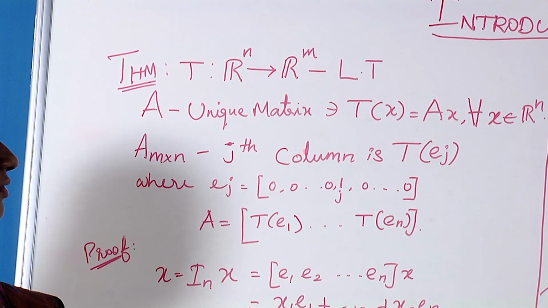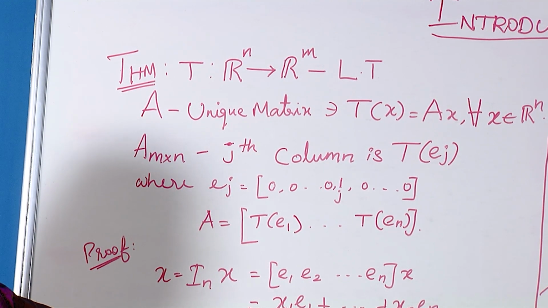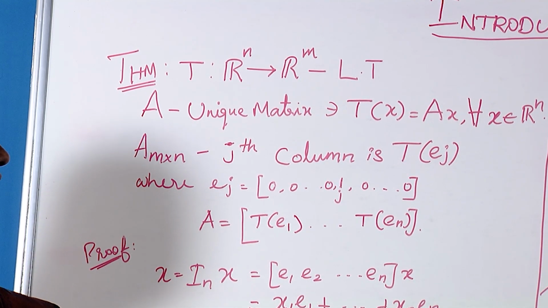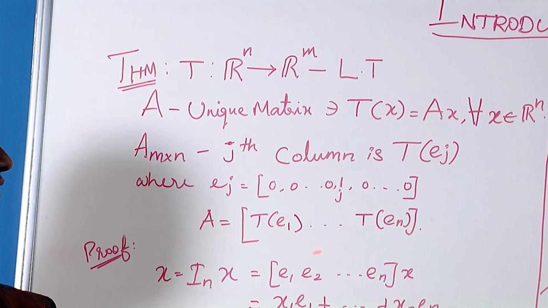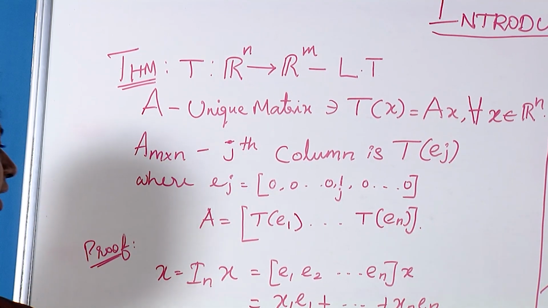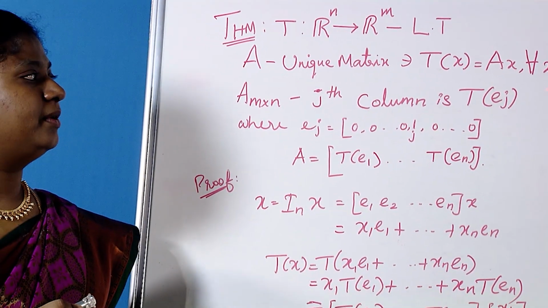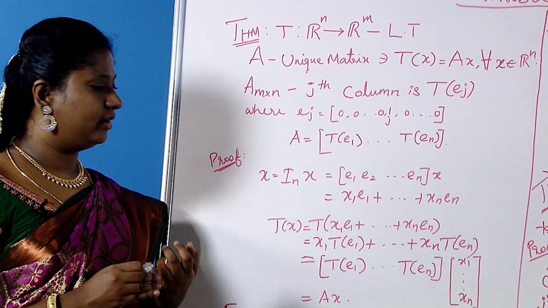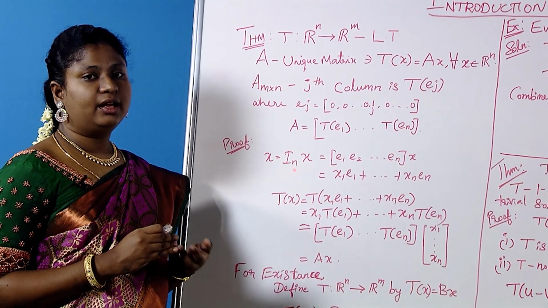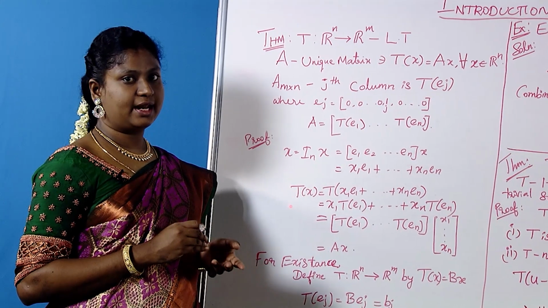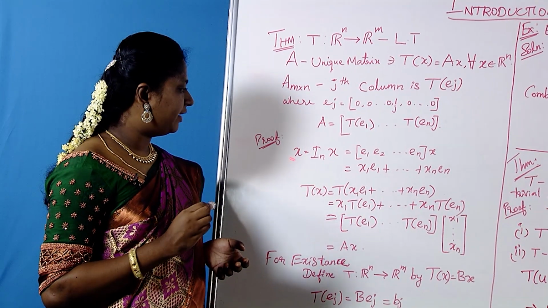I will repeat the statement for your better understanding. We have a linear transformation, and we have to prove that there exists a unique matrix A satisfying these properties. So, now we shall try to prove this. Consider x in R^n. Then it is a vector consisting of n components x1, x2, up to xn.